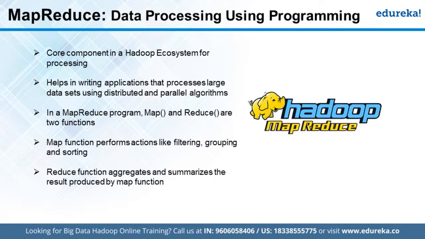That sort of aggregation is done by the reducer. Map function programs act like filtering, grouping, sorting, etc. Reduce aggregates and summarizes the result produced by the map function.